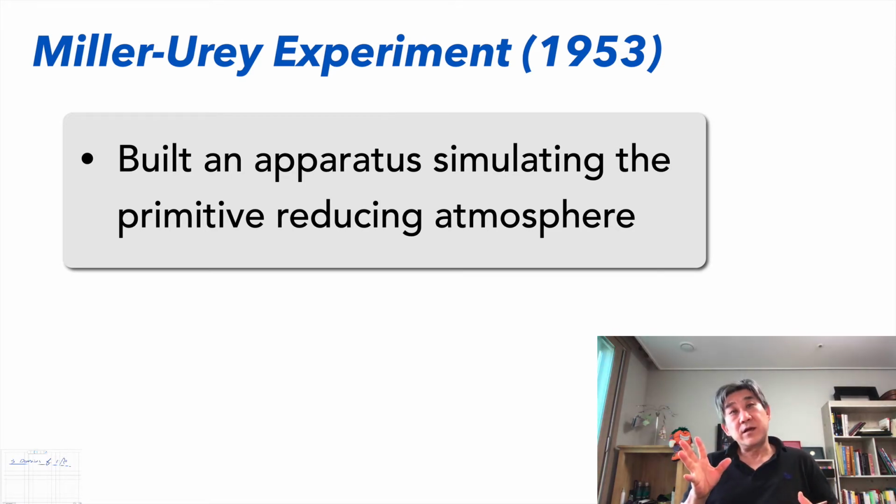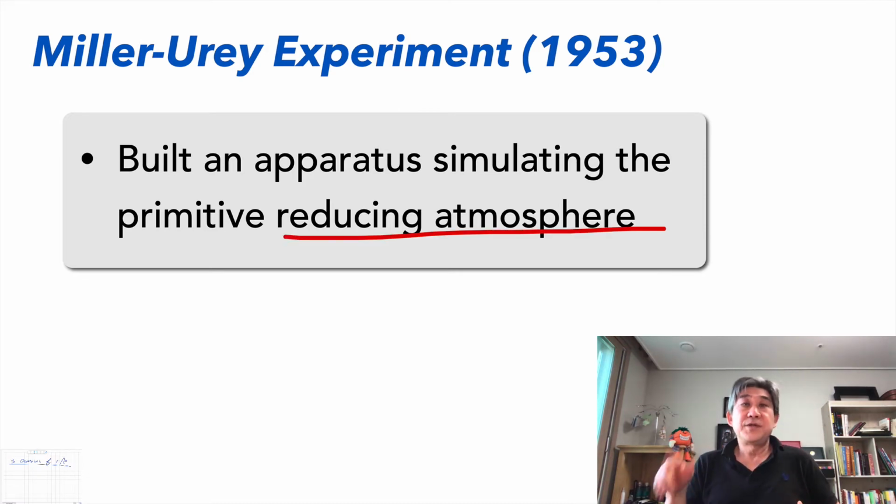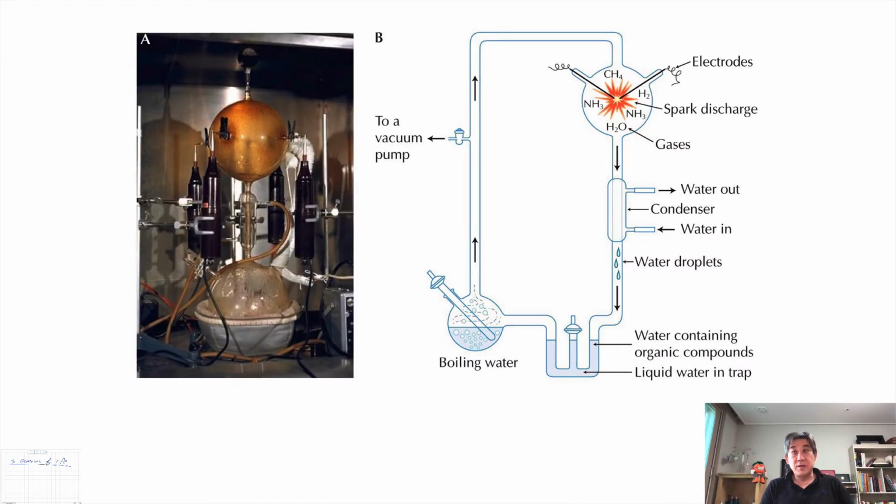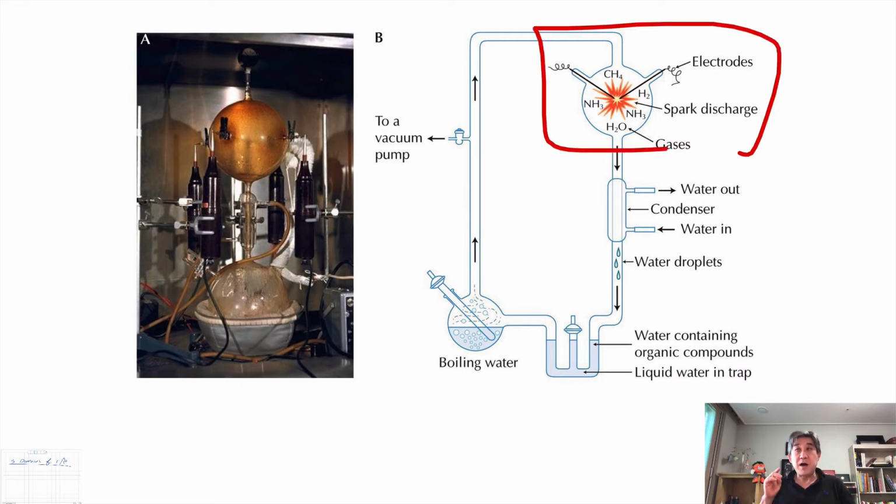So, he built a simulatory apparatus of that early Earth's reducing atmosphere, so that in this big space of a flask filled with only the primitive ancient Earth's atmosphere, with no oxygen but only methane and ammonia and water vapors and hydrogen gases like that.